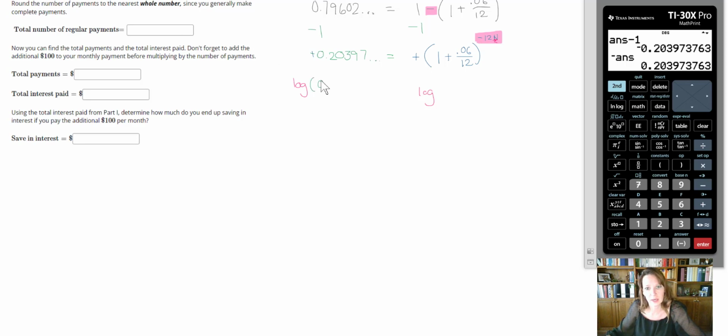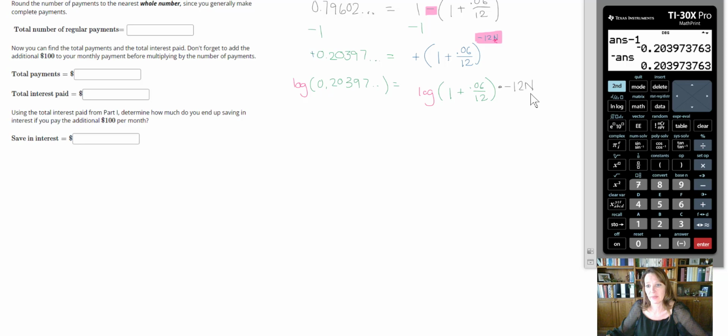I get the log of that decimal that I've got sitting in my calculator equals the log of the quantity on the right, 1.06 divided by 12. But now that changes my power to a multiplication. It's being multiplied by negative 12, and so it brings it down to multiply when I take the log of both sides.